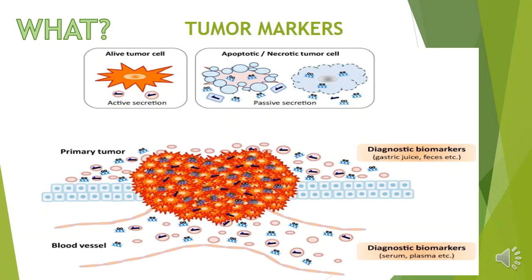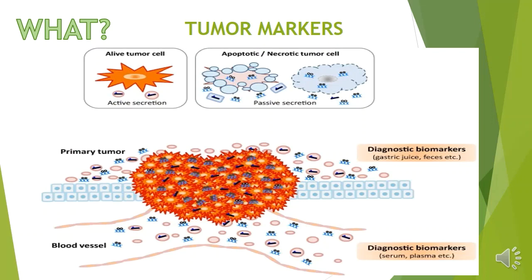If this is a primary tumor, then these are diagnostic biomarkers. They may be present in the gastric juice, in the stool or feces, and also in the serum or plasma. So either they are being actively secreted by a live tumor cell, or they may be passively secreted following lysis of an apoptotic or necrotic tumor cell. Following lysis, they come out, maybe in the gastric juice, body fluids, serum, plasma, urine, etc.